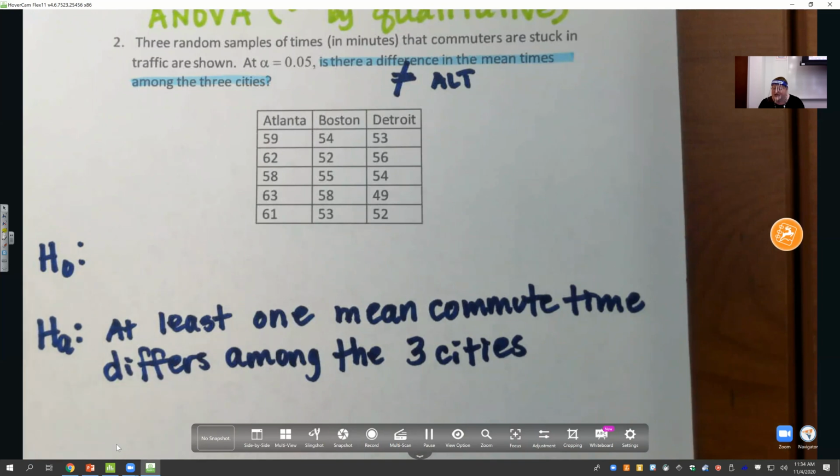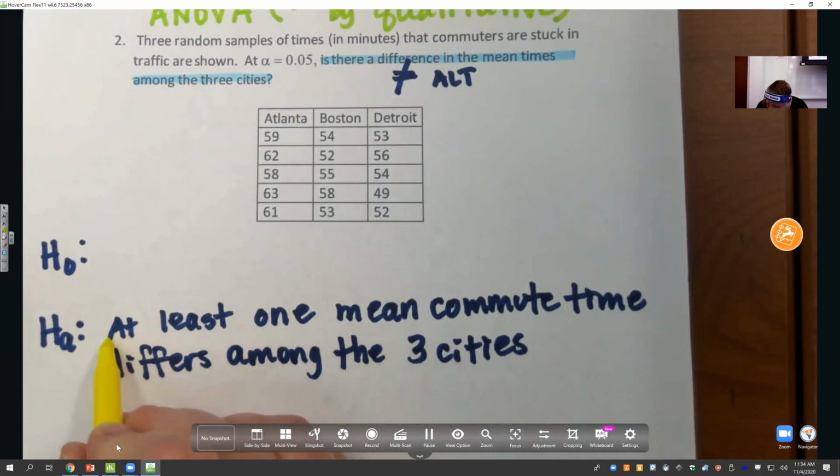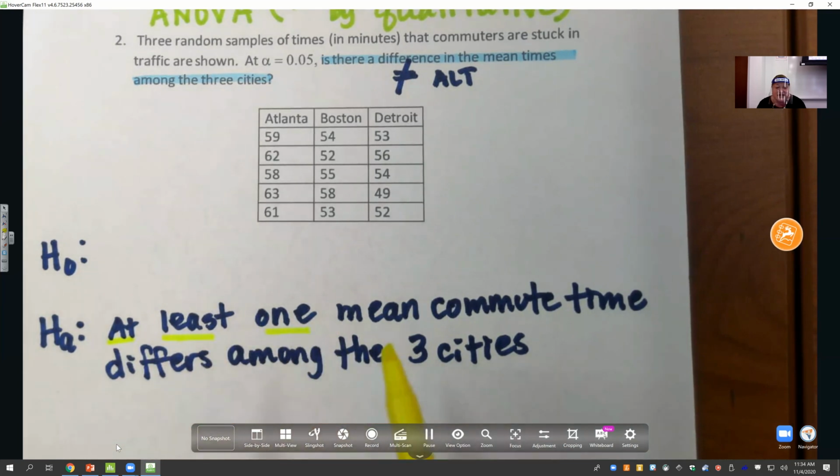The statement says, if we change it to a statement, there is a difference. But we have to add this little caveat that at least one, because it only takes one being different to make them not all the same.